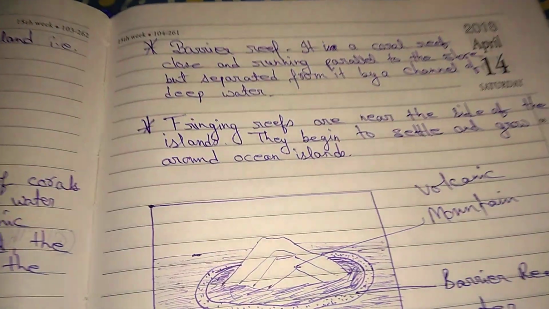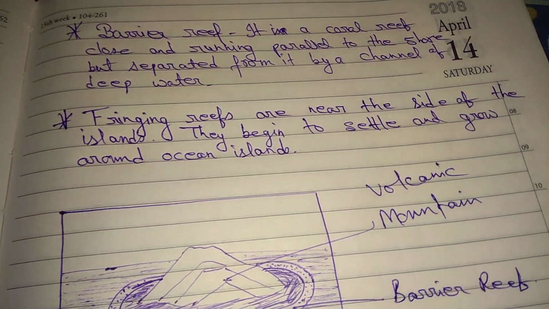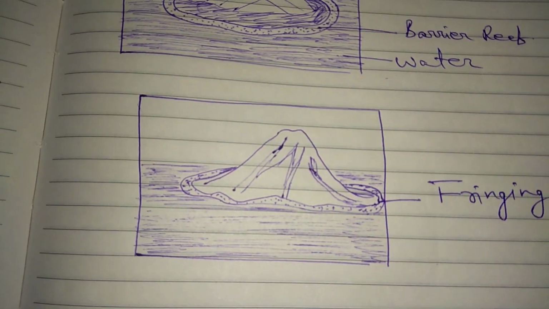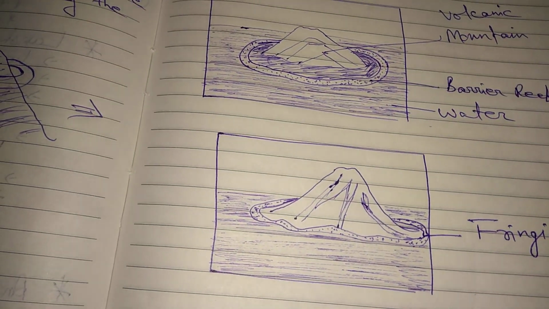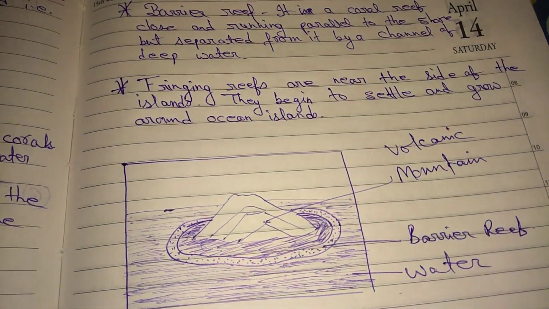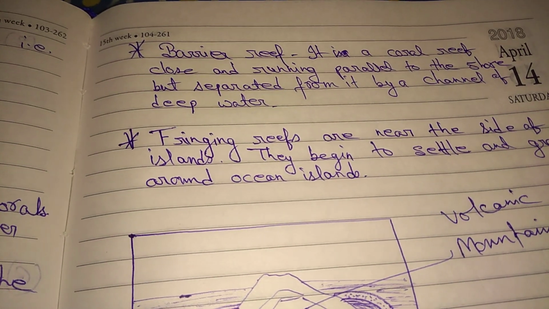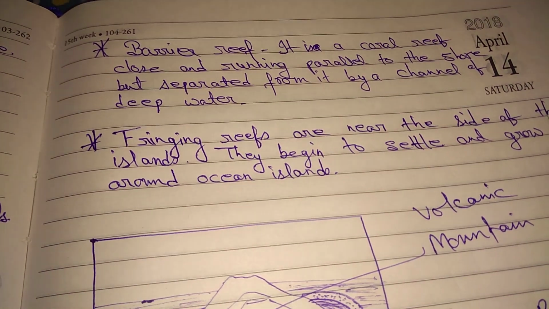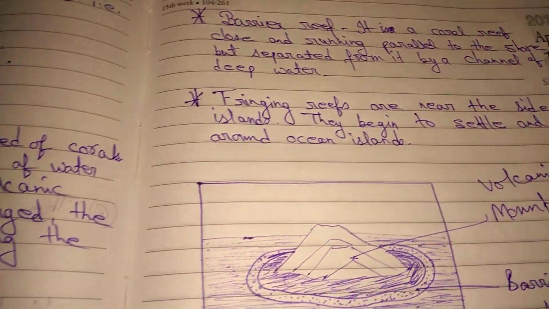As you see, the fringing reefs are near the side of the islands. They begin to settle and grow around the oceanic islands. After this, the second stage in the formation of an atoll is the barrier reef. A barrier reef is a coral reef close to and running parallel to the shore but separated from it by a channel of deep water.